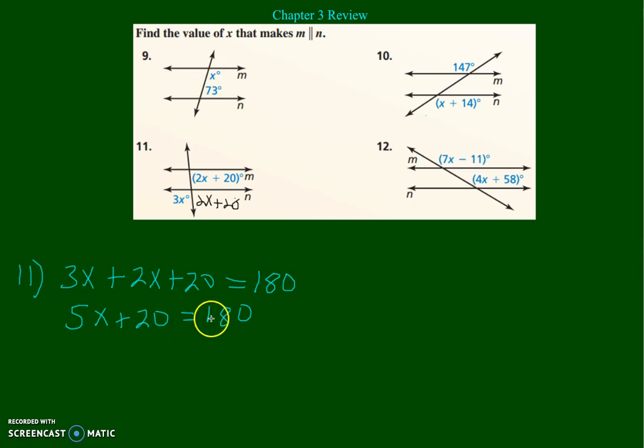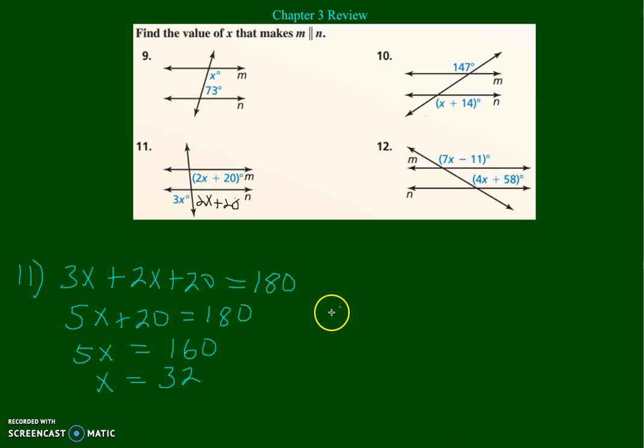Then subtract 20. 5x equals 160. And divide by 5. X equals 32.